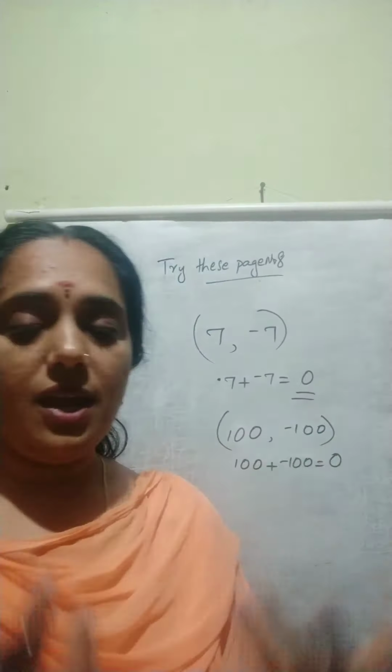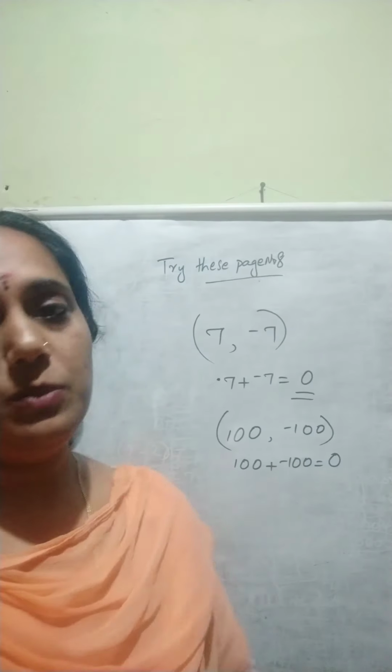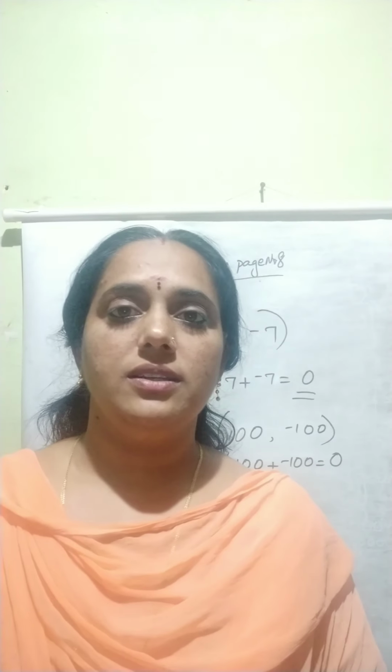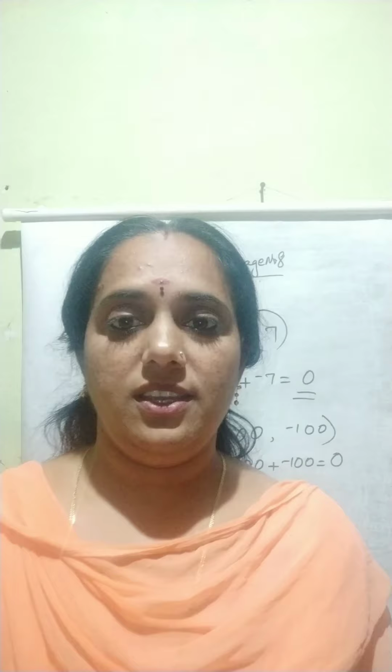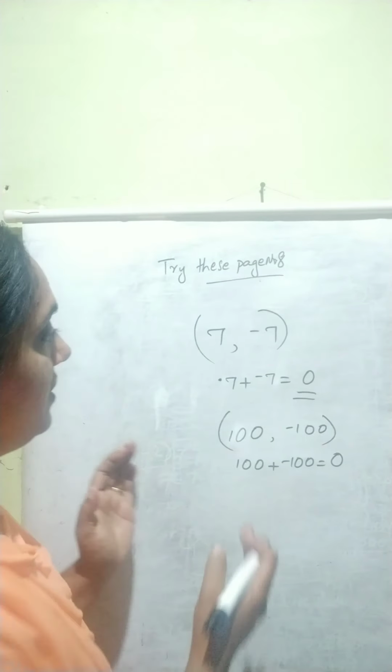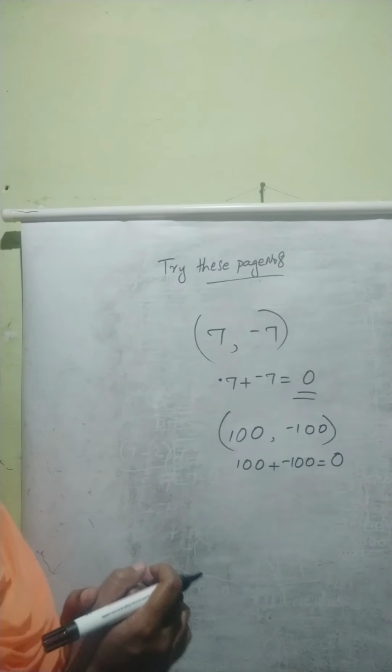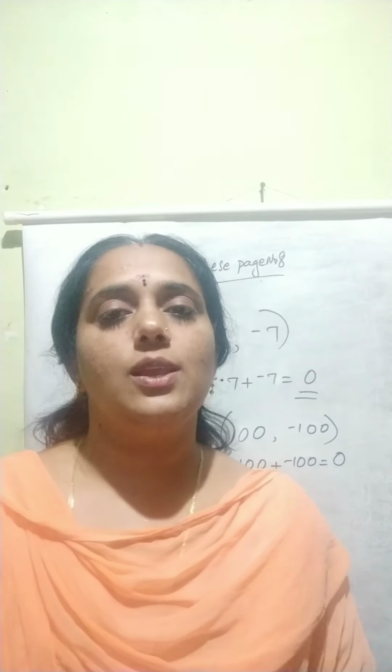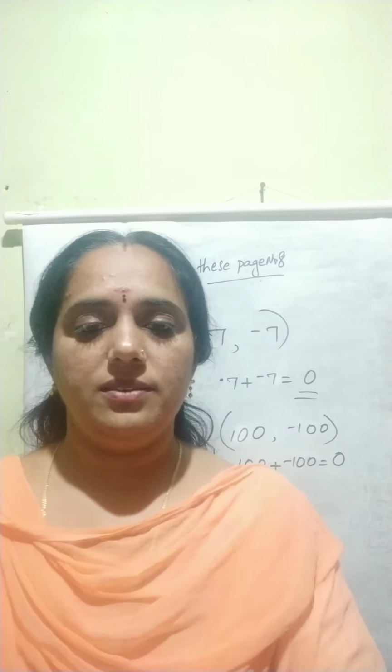You can change the numbers. These are examples only. Integers are infinity. You can choose any numbers. But here when we are adding additive inverses, we will get 0 as the answer. Okay. Next question. An integer smaller than both the integers.